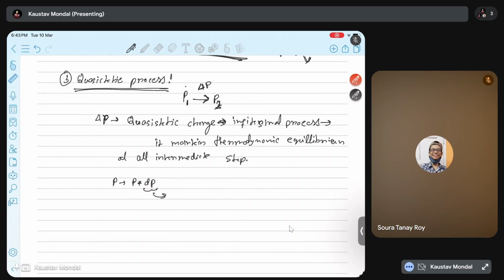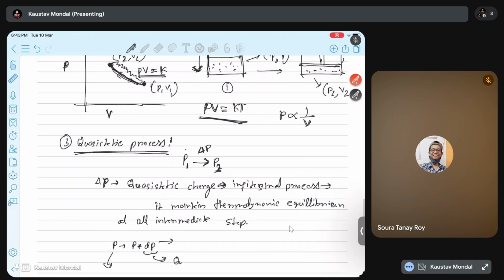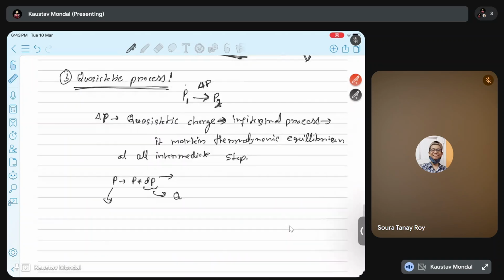That means the original equation of state that is relevant for the case of P should also be relevant for P plus delta P, right? So to ensure that, we consider this dP as a quasi-static change or quasi-static process. We are defining this thing to do all the mathematics. This is the quasi-static process.